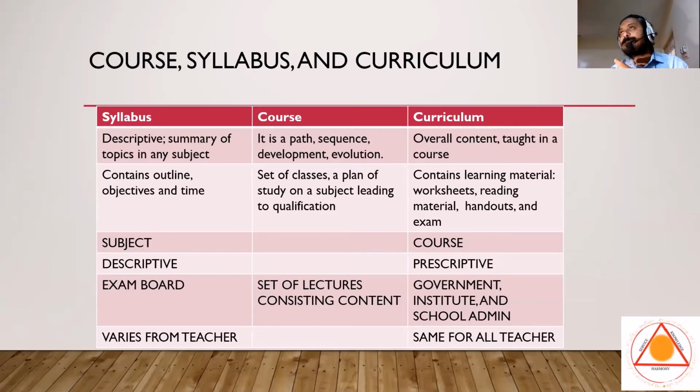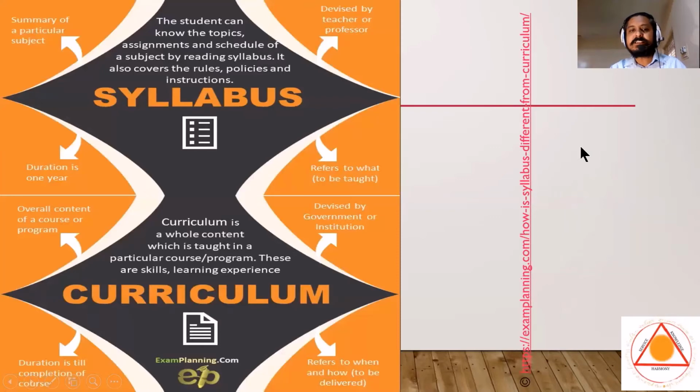If you look at the university websites, you will come across these differences. To understand this better, let's look at this picture and try to understand what is syllabus and what is curriculum. So students in syllabus will know the topics, assignments, and schedule of a subject by reading the syllabus. So it covers the rules and policies and instructions. So what are the rules of the syllabus that you have to follow?